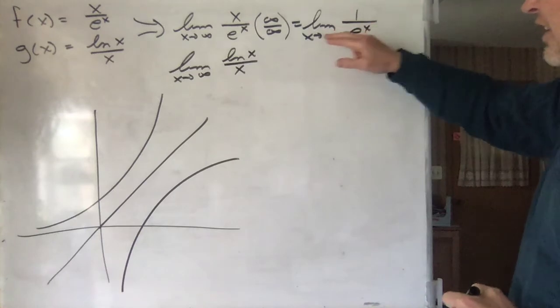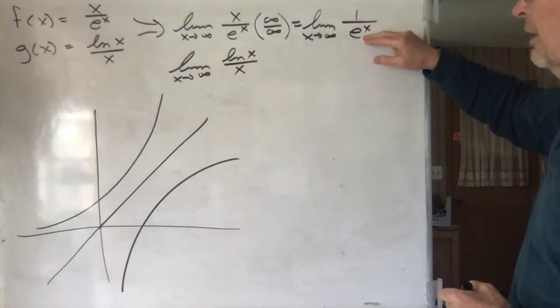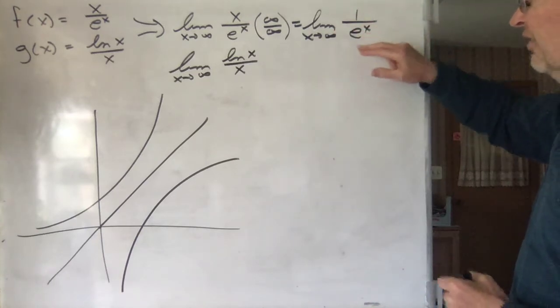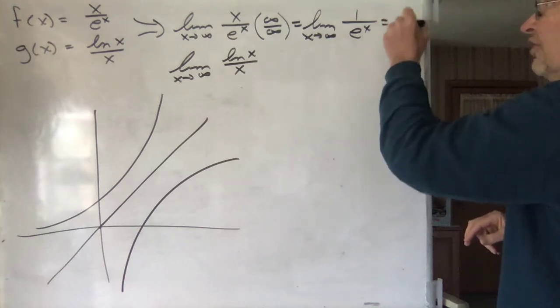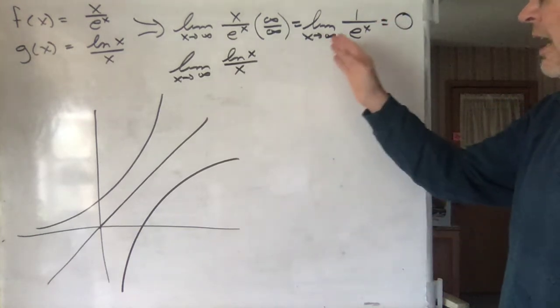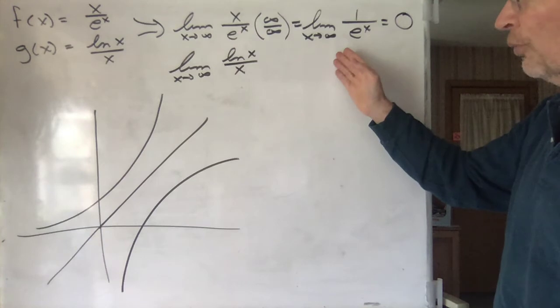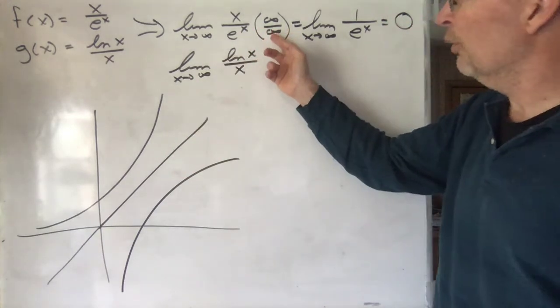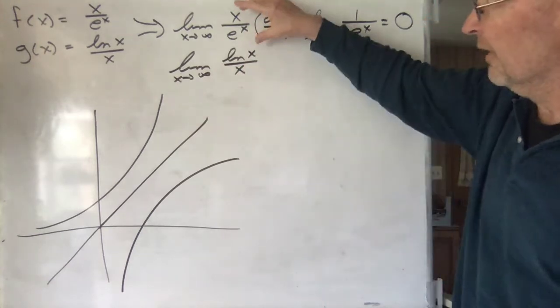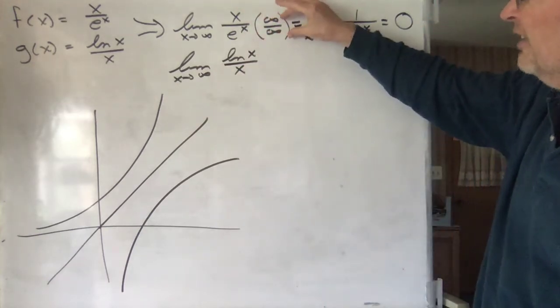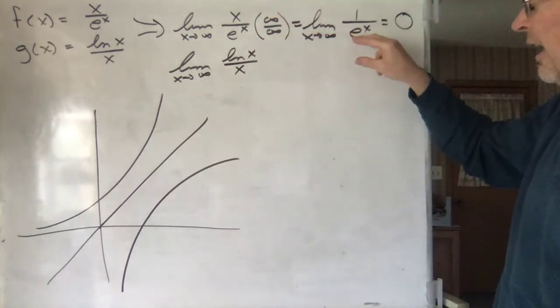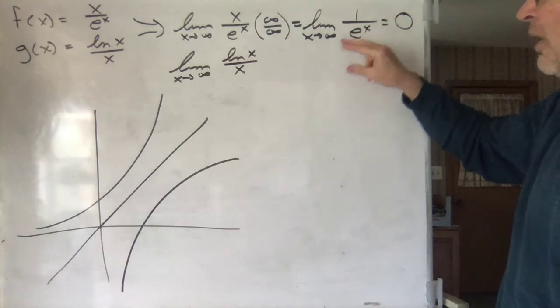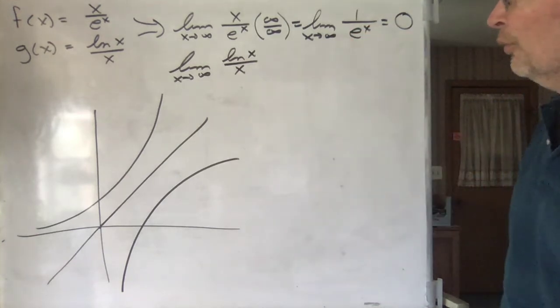And now, as x goes to infinity, 1 over e to the x goes to 0. And that's the idea behind L'Hopital's rule. Basically it says that if two things are both going to infinity, then we look at the rates at which they go to infinity, and the rates are going to tell us what happens to the ratio of those two things.